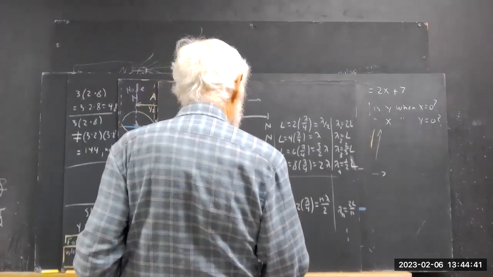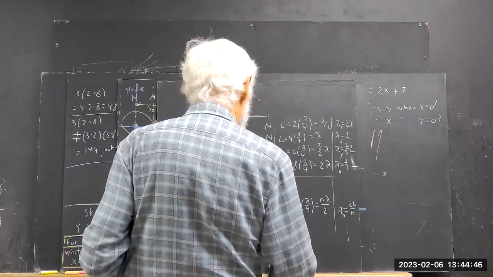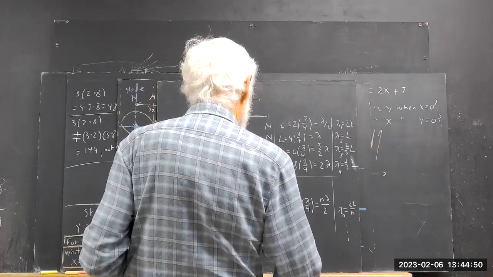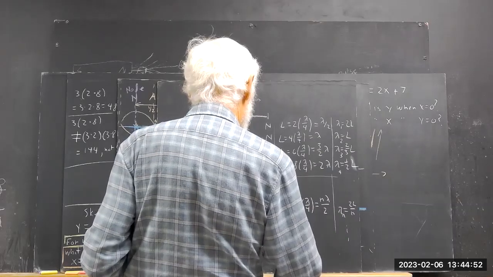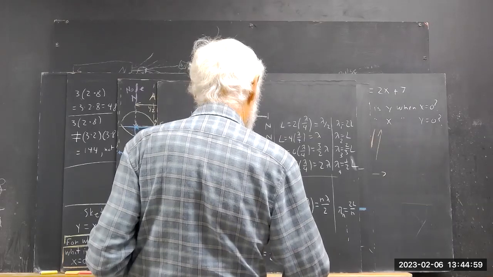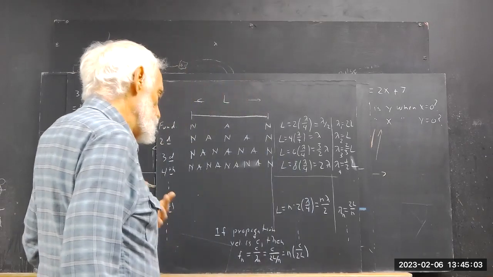So that's C over L over n. And I can write that as n times C over 2L.